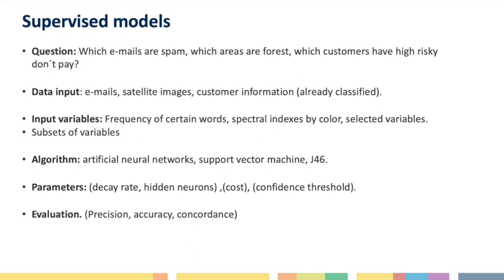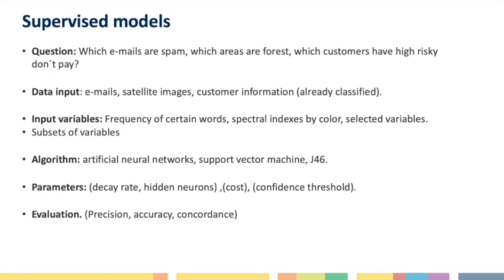For satellite images, we would require satellite images with a previous classification, with places where we know that there's a forest or a crop or any of the other categories that we would like to assess. And for bank clients, we have to have the history of the clients that have already received a loan, to identify which of them paid on time and which didn't, which defaulted.